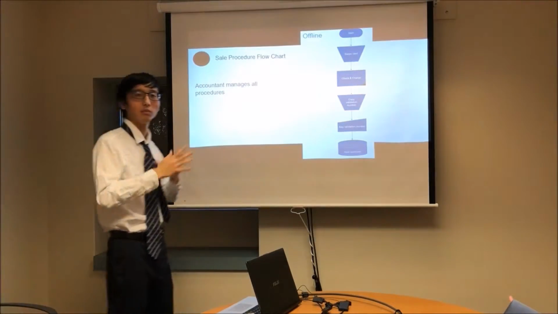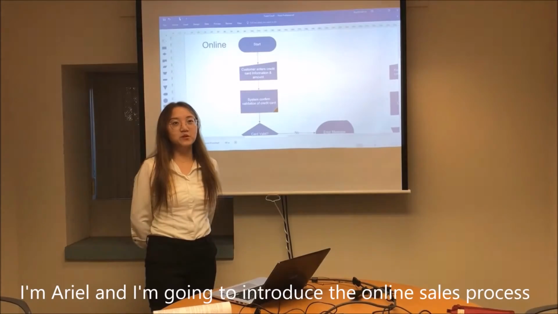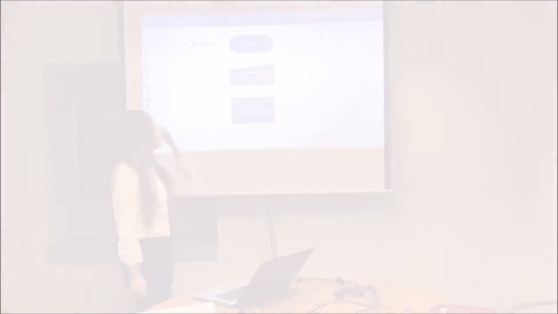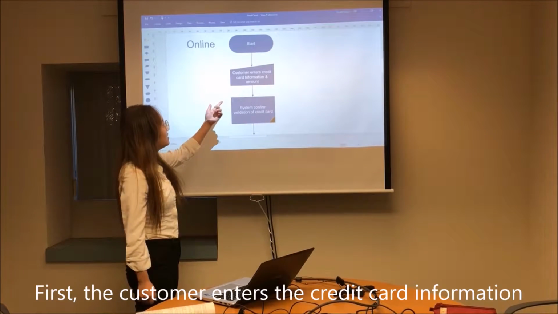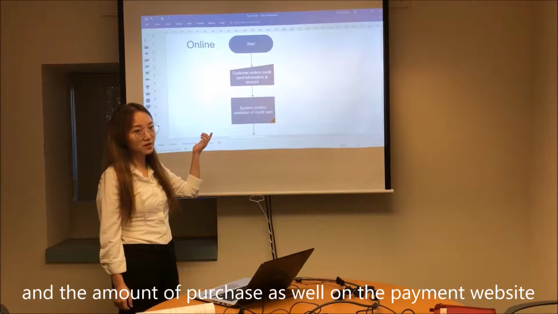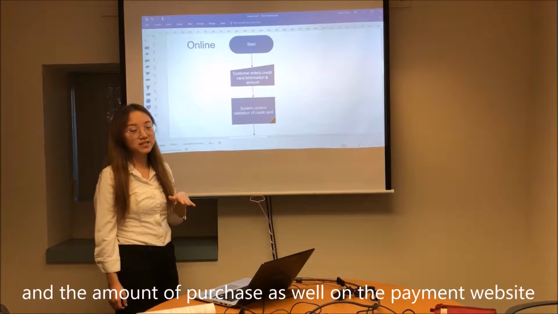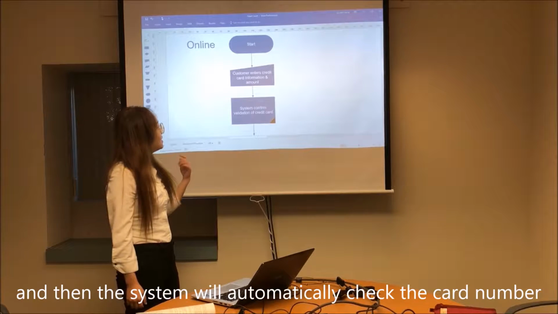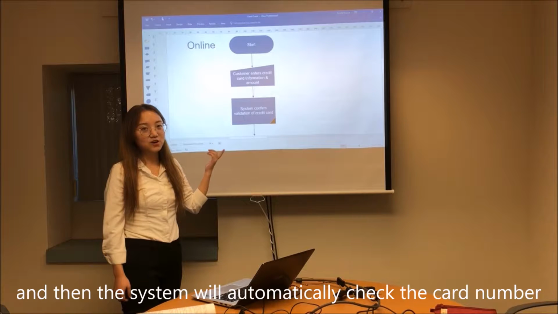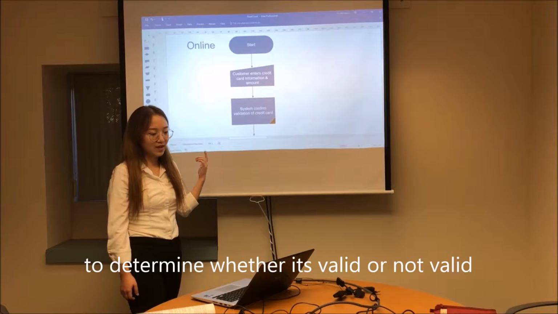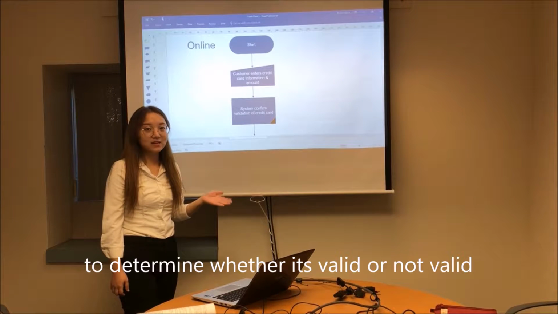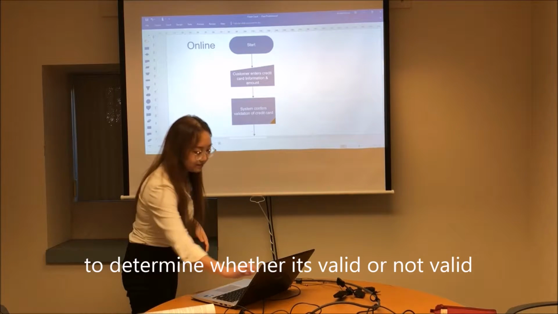electronic means. I'm Ariel, and I'm going to introduce the online sales process of Food Court. So first, a customer enters the credit card information and the amount of purchase on the payment website. And then the system will automatically check the card number to determine whether it's valid or not.